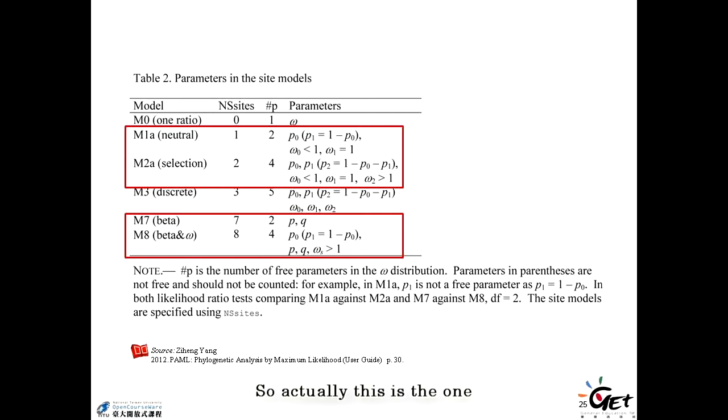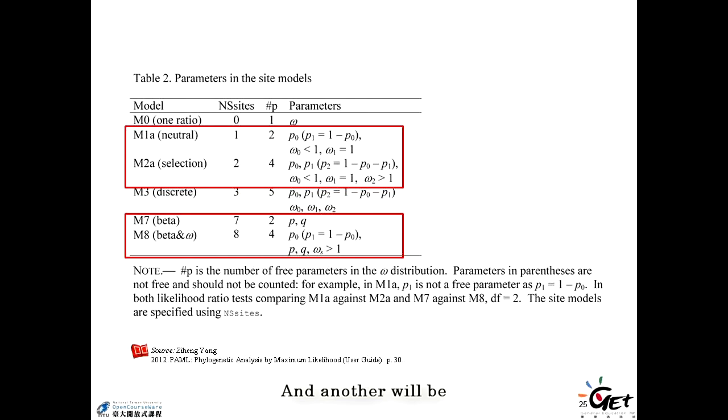So actually this is the one that has both neutral evolution, that's the omega equal to 1, and some negative selection in here. Then the alternative is the one with a specific branch which shows a greater omega value, also omega is greater than 1. So that's the major difference between model 1 and model 2.